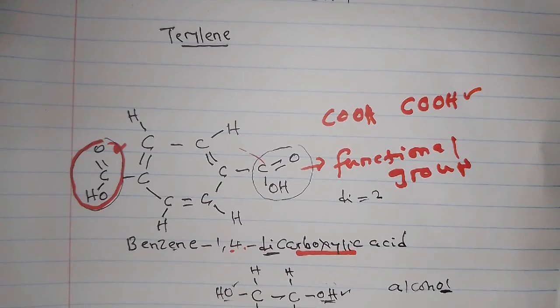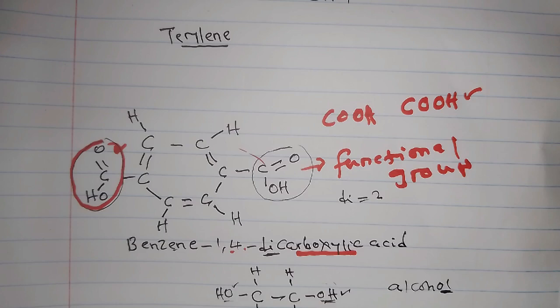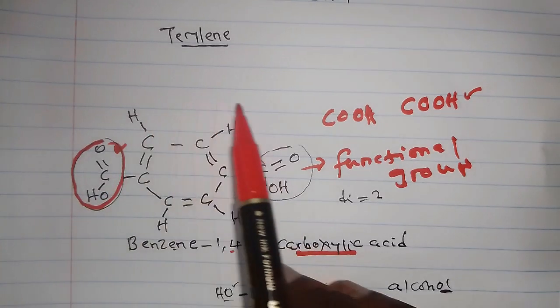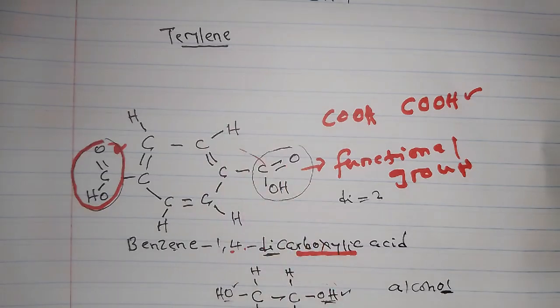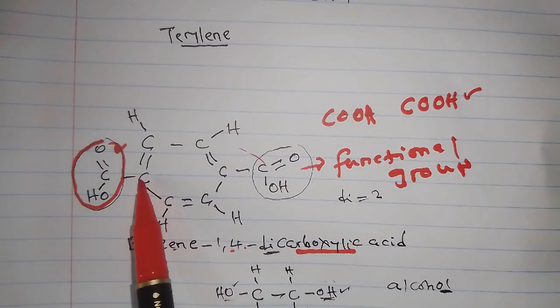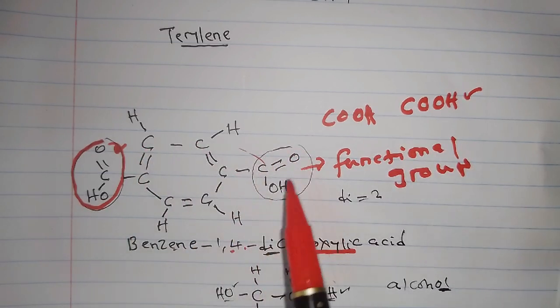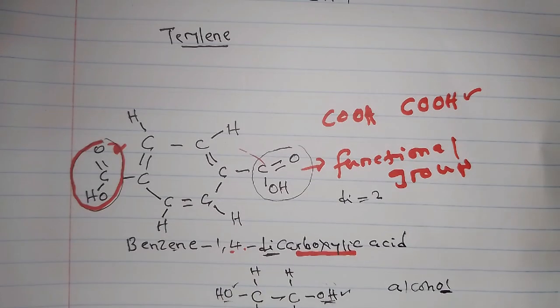The other thing you need to know is that 1,4 is just the location of these functional groups. When I start counting in the clockwise direction, this is on the first carbon, then 1, 2, 3, 4, and the second functional group is on the fourth carbon.